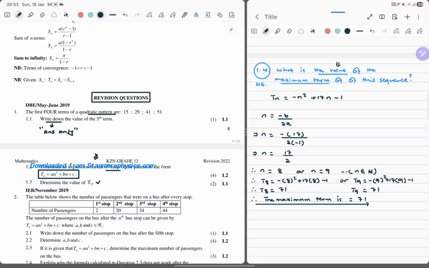So this is very important to realize. So can you see we used our n equals to minus b over 2a, and then we substituted the n value into the original, because from here we go back to the original to find the actual value. Okay, so please know how to do this, but remember the catch.